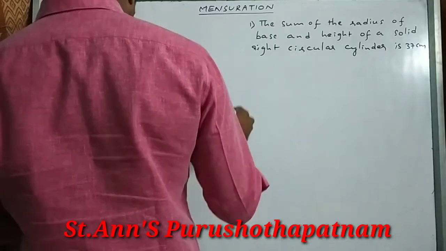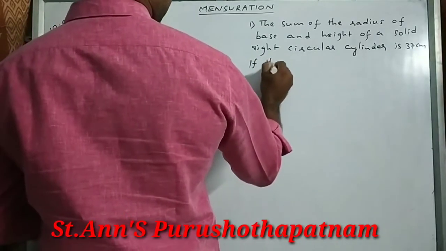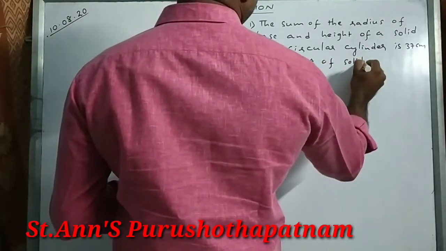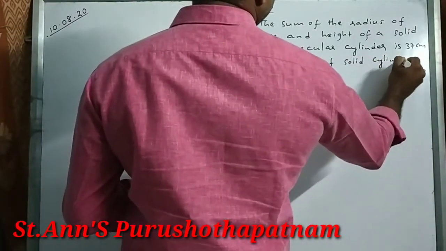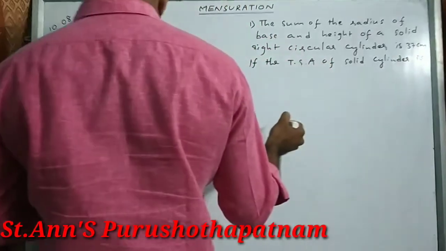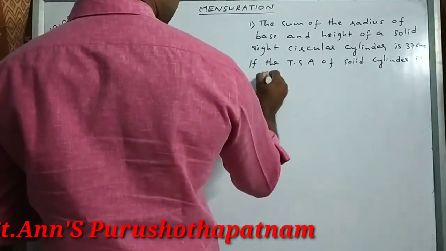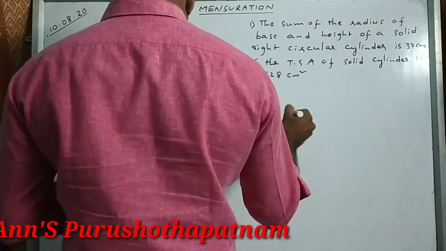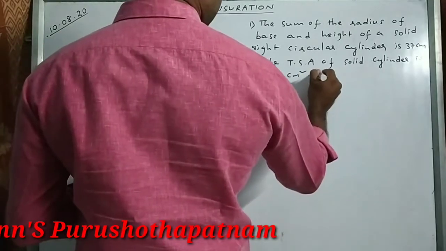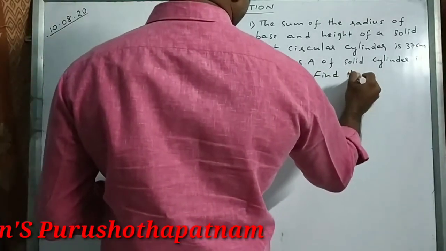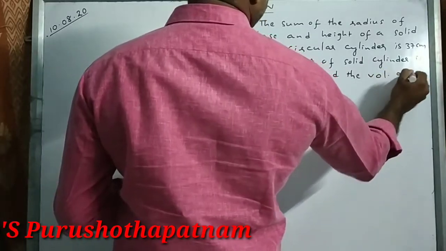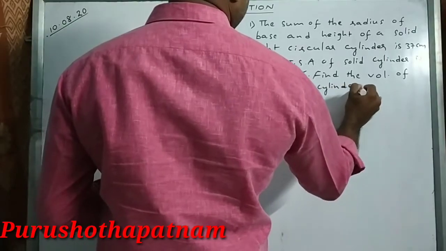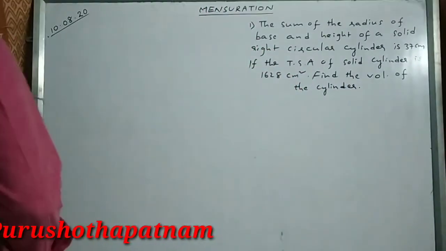If the TSA of the solid cylinder is 1628 square cm, find the volume of the cylinder.